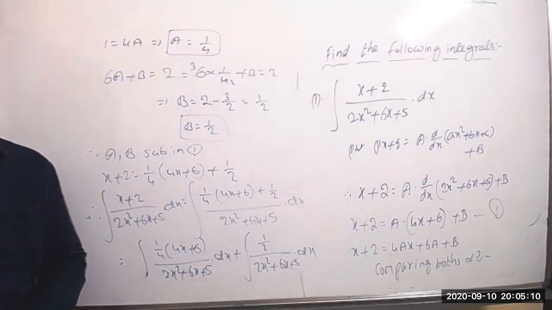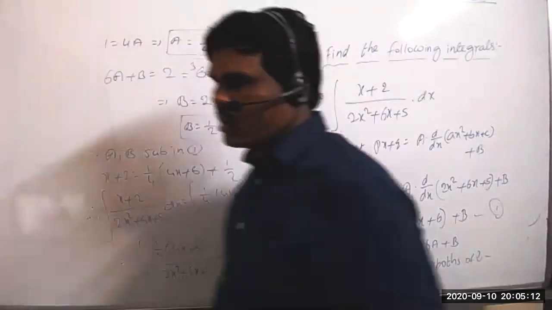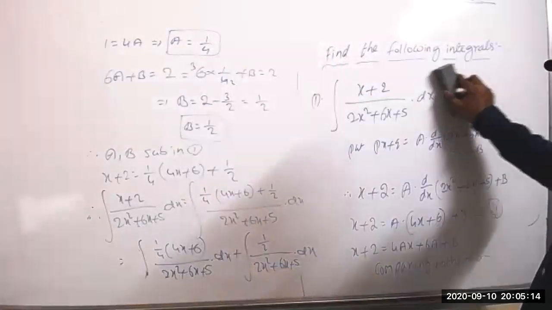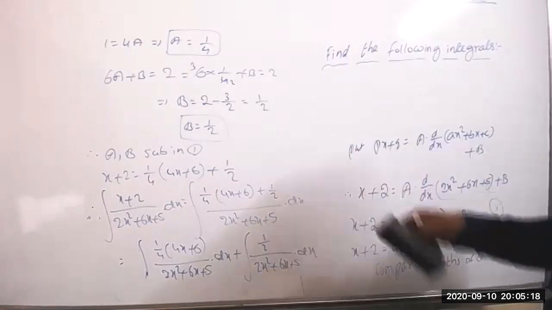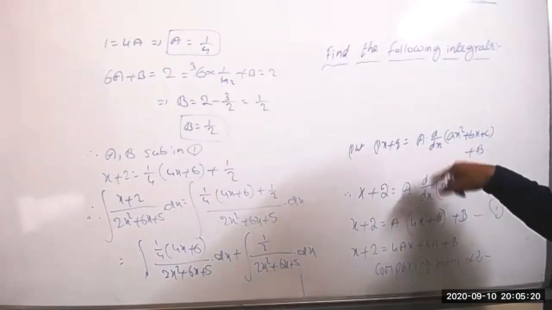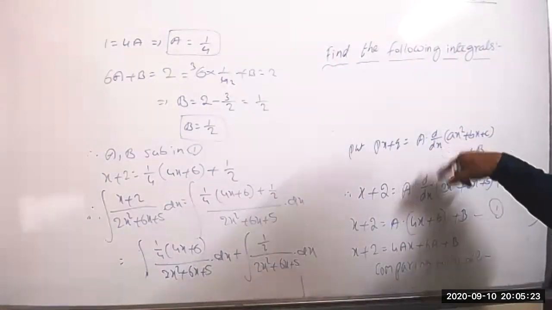Now 1 by 4 is anyhow a constant value, take it outside. Have you copied this side now? Please respond. This side is over.